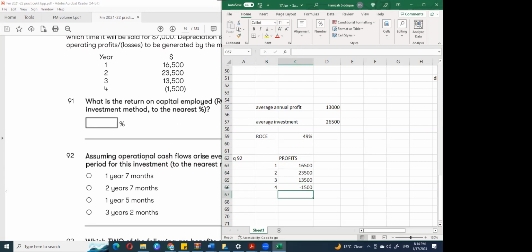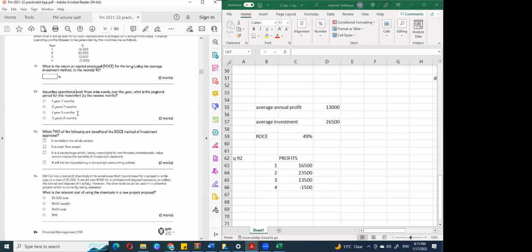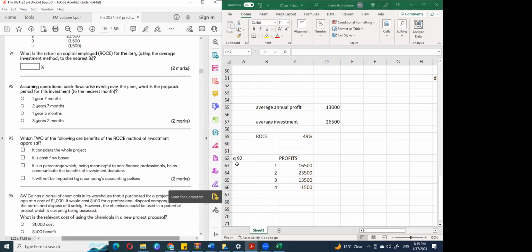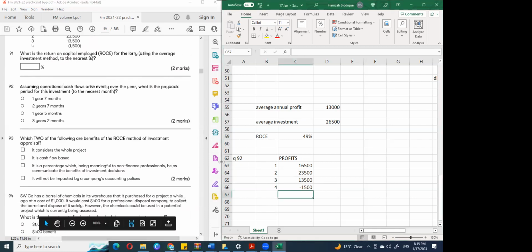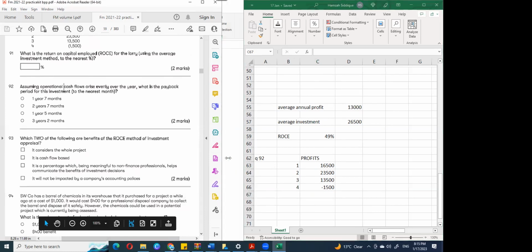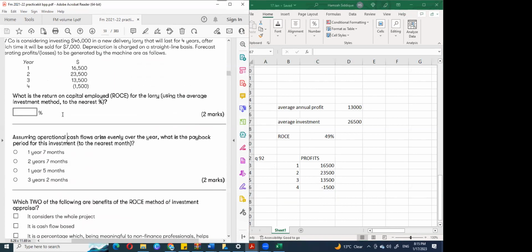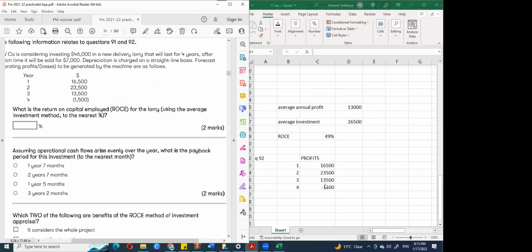Students, the next question is on the payback period method. We need to calculate payback. In order to calculate payback, we need cash flows. We have profits.